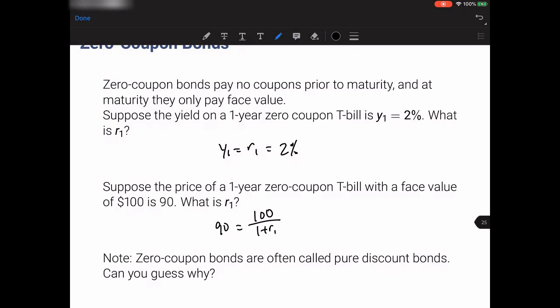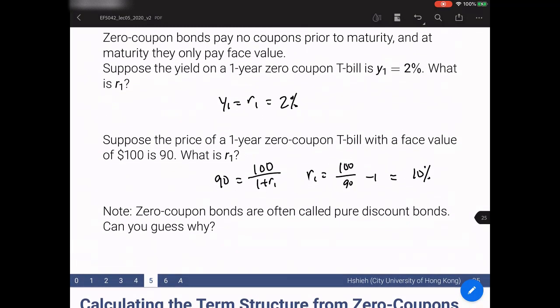And so R1 is simply equal to 100 divided by 90 minus 1, and that's equal to 10%. So zero coupon bonds are often called pure discount bonds because you can just use the bond yield directly as the discount rate. Okay.